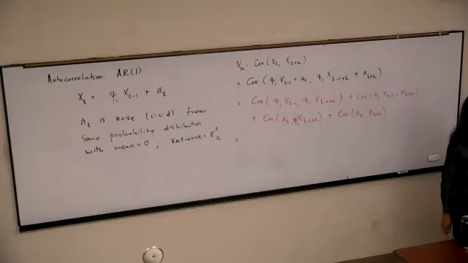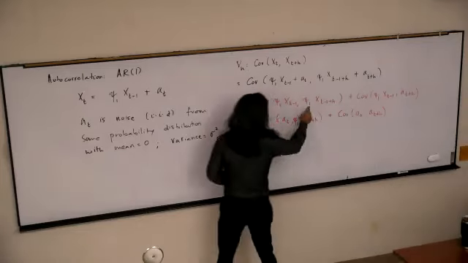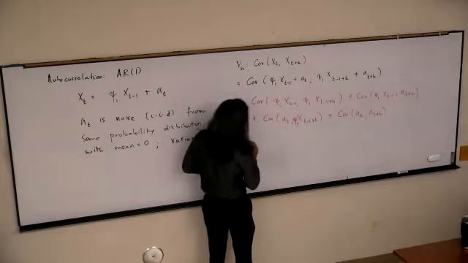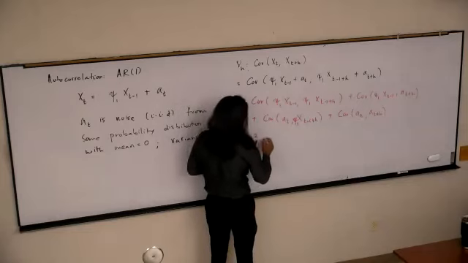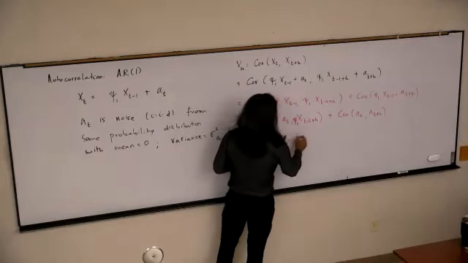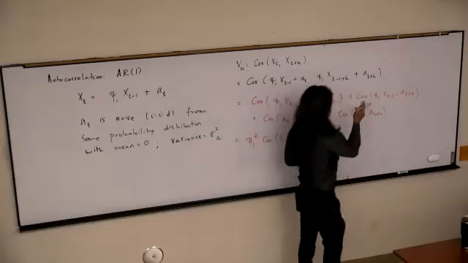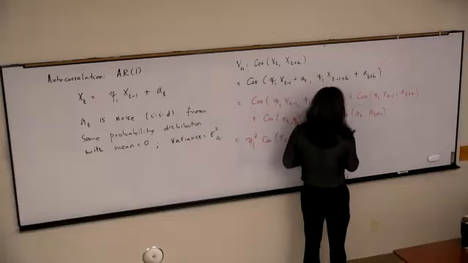You tell me. Just pull the constants out. Very good. You pull the constants out. Psi 1, if they come out, it will be psi 1 squared, covariance of xt minus 1, xt minus 1 plus h. There, going to do the same thing.